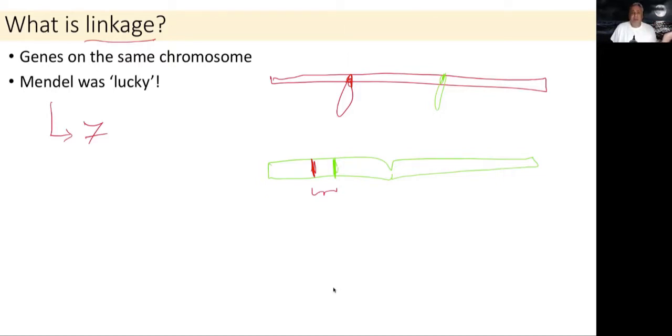So suppose in Mendel's case, he was looking at the pea color, and the gene for that was located way over there. And he was looking at the height of the plant, which was located on the same chromosome, but at the far end, such that the distance between them was great enough that they acted as though they were not linked.